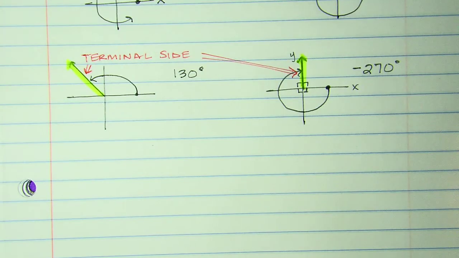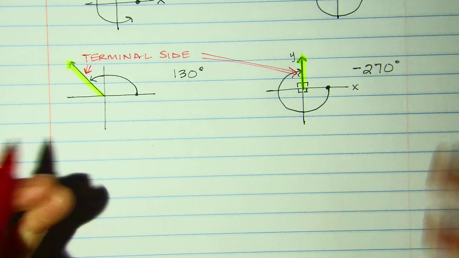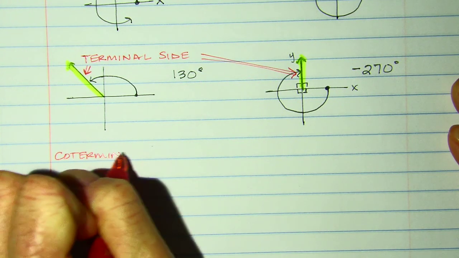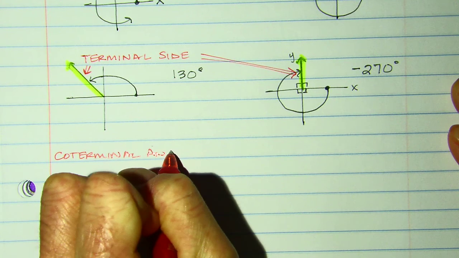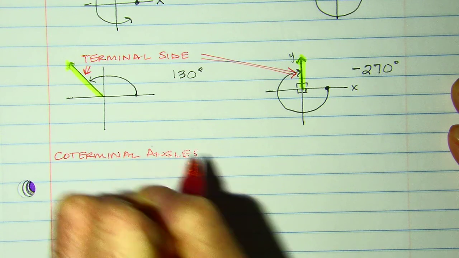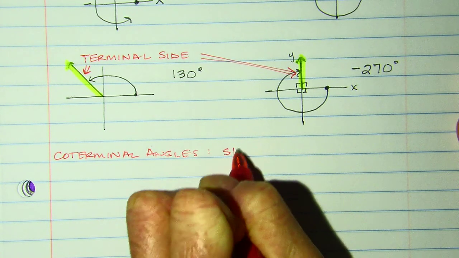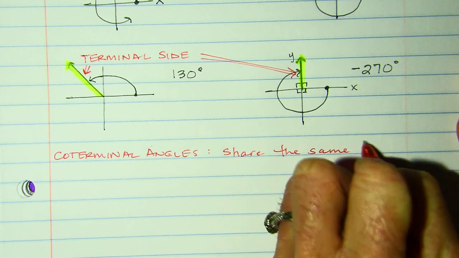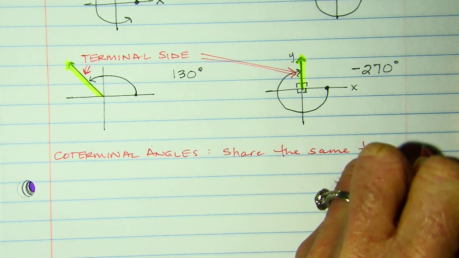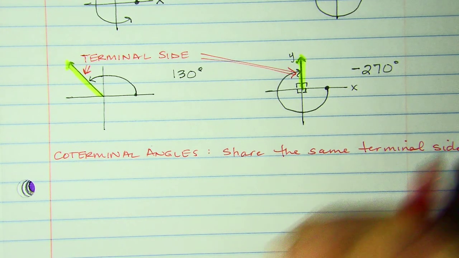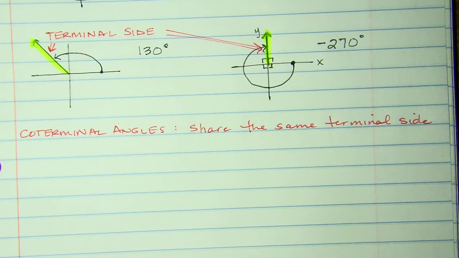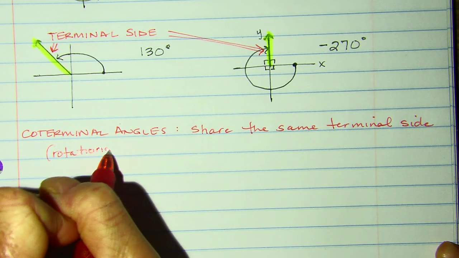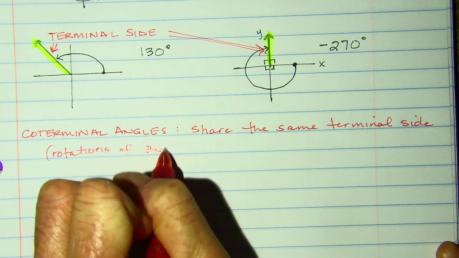So now let's talk about coterminal angles. Coterminal means they share the same terminal side, and it usually involves rotations of 360.